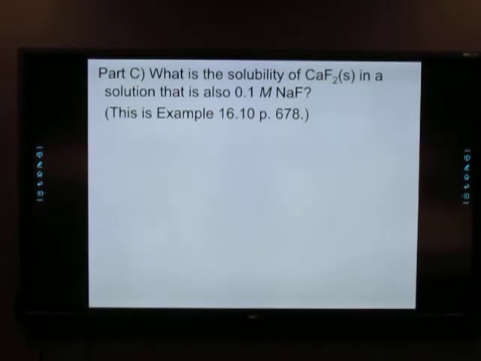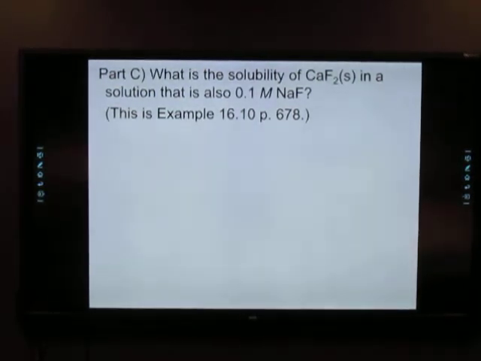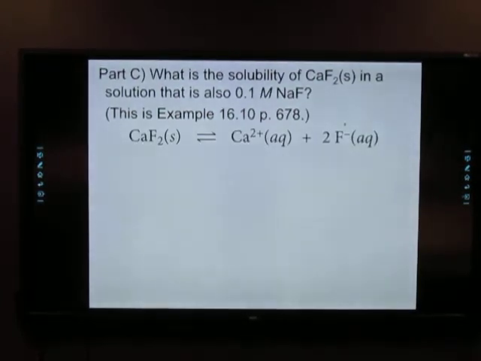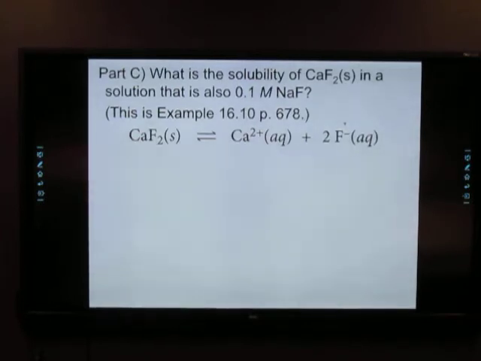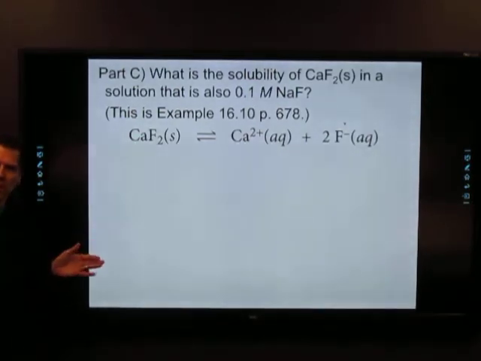And so here is some of the math involved, and you'll be given the KSP for a problem like this. This is the same problem in your book that's on page 678. And so there is our balanced equation. The KSP is going to be given in this kind of problem.